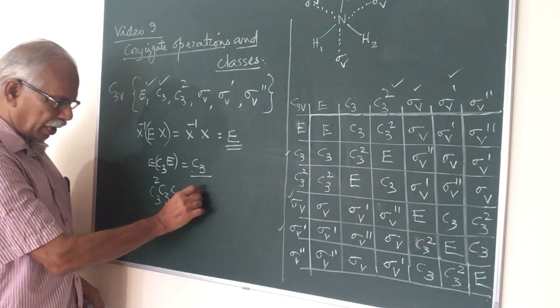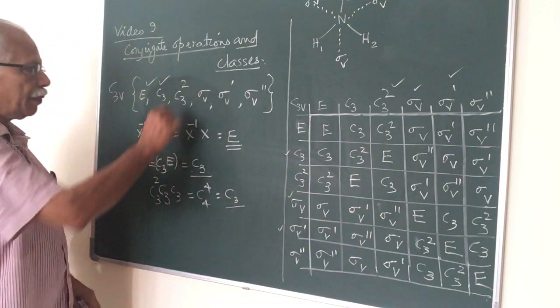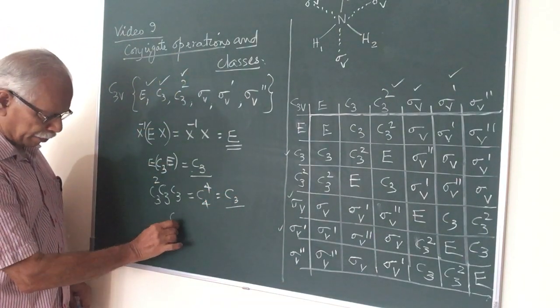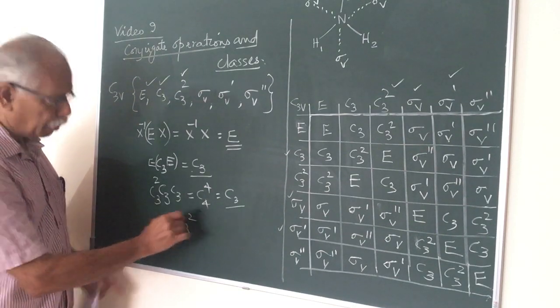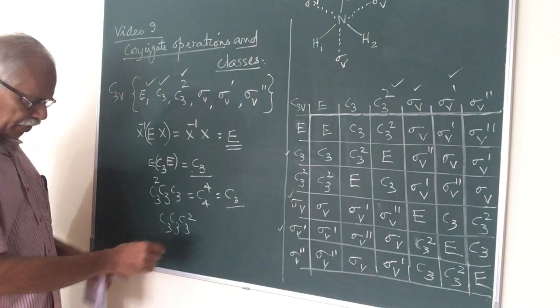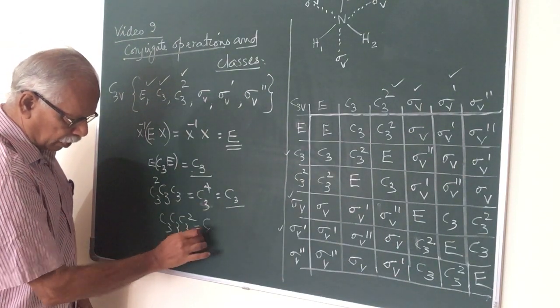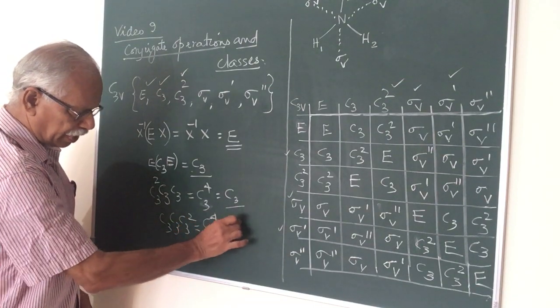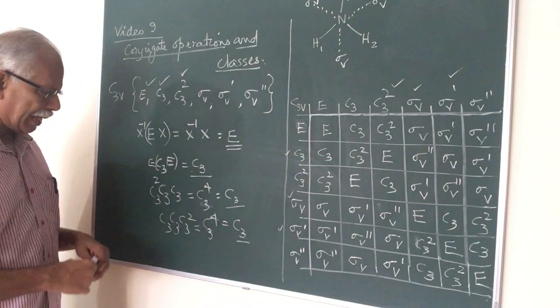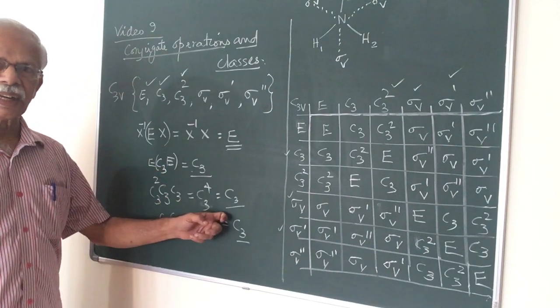Altogether it is C3 to the power 4, which is C3. Then you try C3 squared: C3 right multiplied by C3 squared, left multiplied by its inverse, which is C3. Again you get C3 to the power 4, which is C3. So you are getting as the conjugate of C3, C3 itself so far.